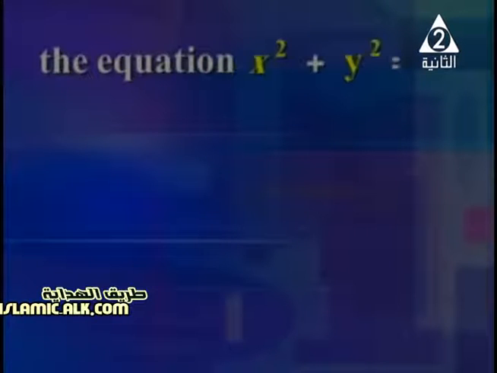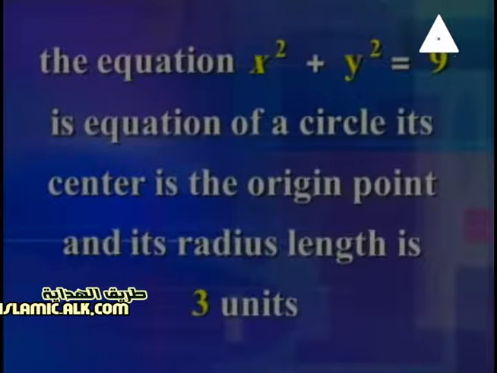The equation x squared plus y squared equals 9. What do you mean? This is the equation of a circle. Its center is the origin point 0, 0 and its radius is 3, the square root of 9. Remember the equation of the circle we studied last year: x squared plus 2ax plus 2by plus y squared equals r squared.